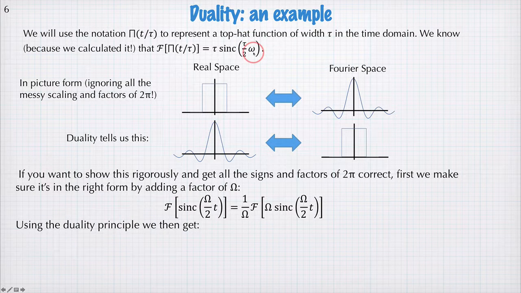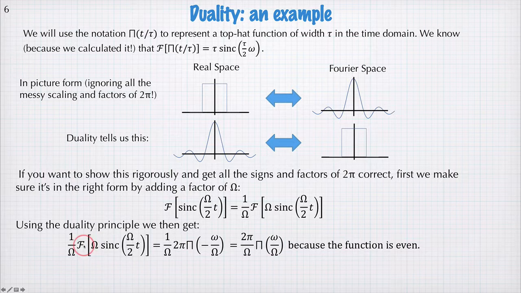So using the duality principle, we get that the Fourier transform of this must be 1 on omega times 2 pi times top hat of negative omega on big omega, which we can simplify a little because this function is even, so the minus sign has no effect. It's a top hat function because we know it has to be a top hat function, but now I've got the factor of 2 pi correct as well.